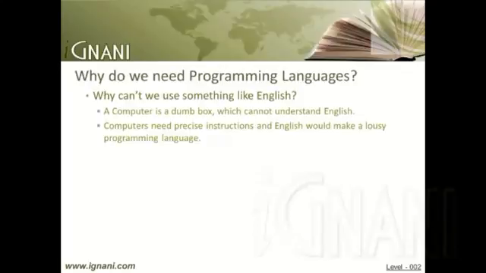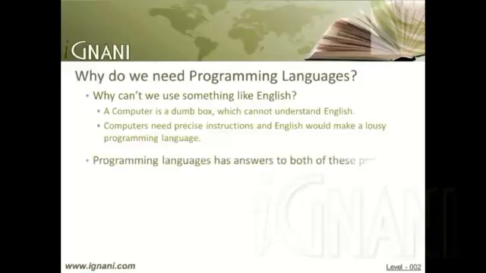Hence, computers know only one language, that of zeros and ones, commonly known as binary language. To explain the second point, English as a language is full of ambiguities, and it is very hard to express something in an unambiguous way using English. My previous statement in itself will raise a lot of questions.